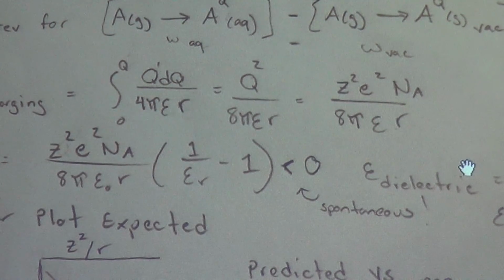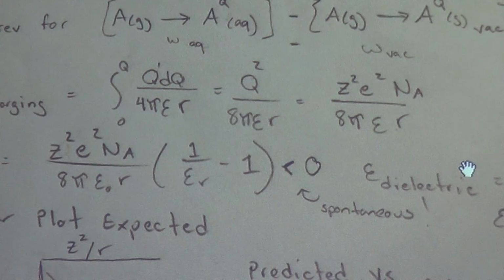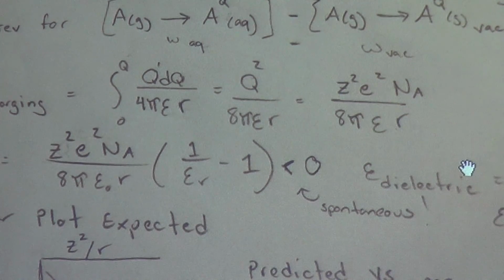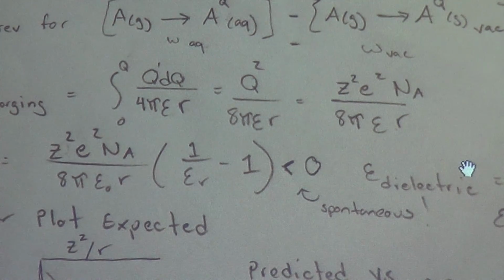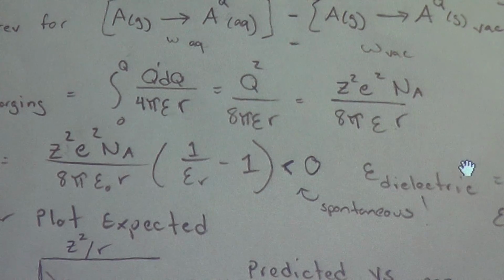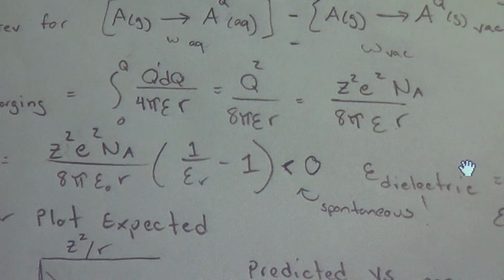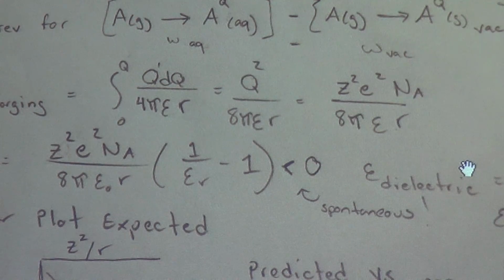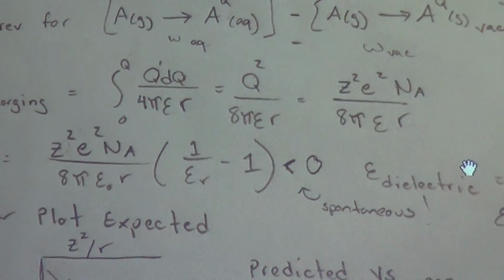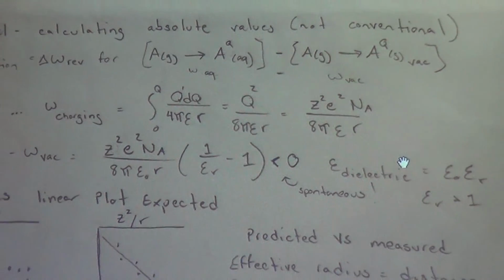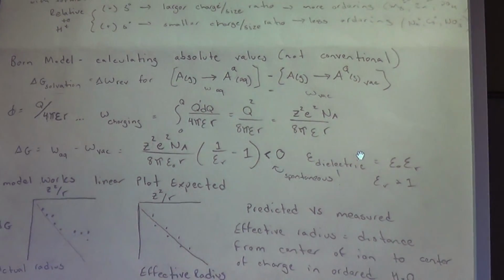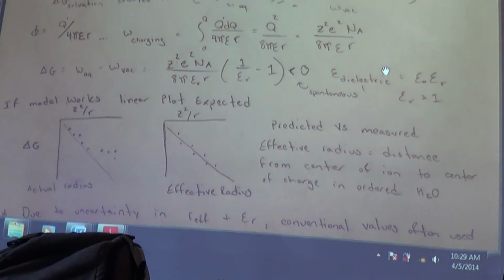What's a dielectric? A dielectric is something that fields can be communicated through. So air is a dielectric, right? You take a charge and you put it on this side of the room, and you take another charge and you put it on the other side of the room, and they exert forces on each other. They feel forces, right?